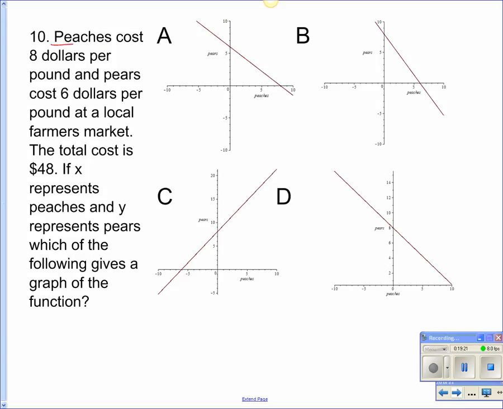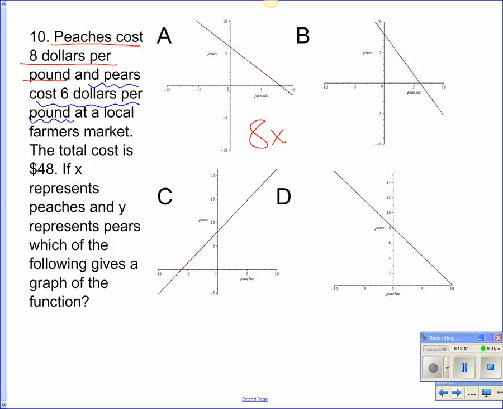It says peaches cost $8 per pound. How could I write that? 8x. $8 per pound.